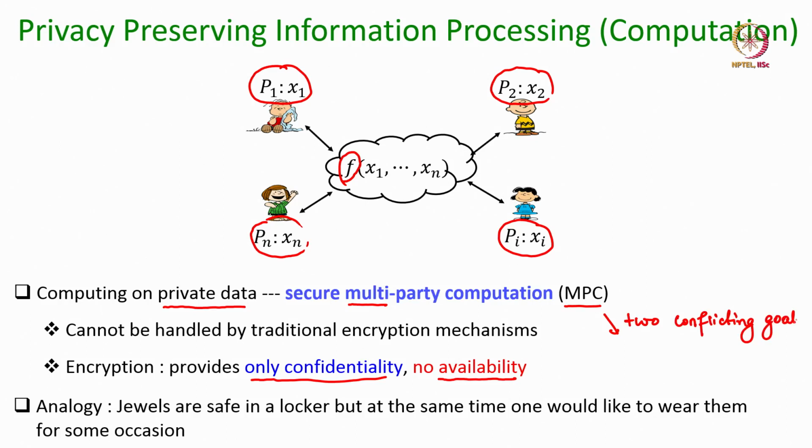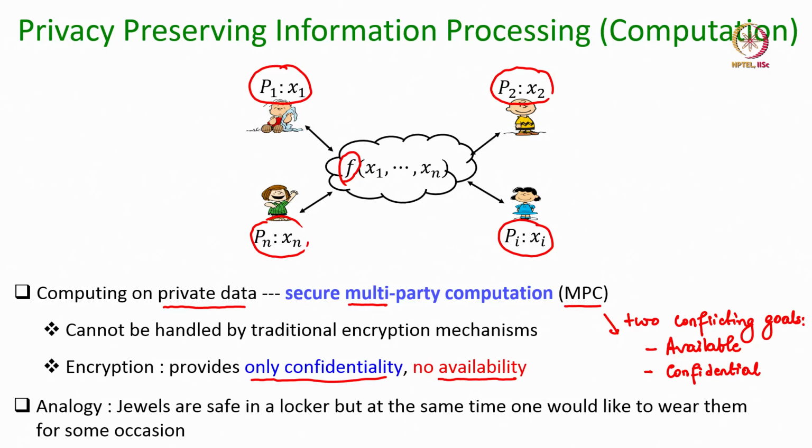Namely, we want the data to be available, because only when the data is available can one perform any kind of computation on it, but at the same time we want the data to remain confidential. These also look like conflicting goals, and it might look like this problem cannot be solved, but in this course we will see lots of protocols and algorithms for how to solve this problem.